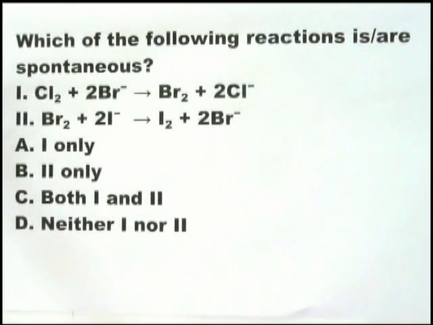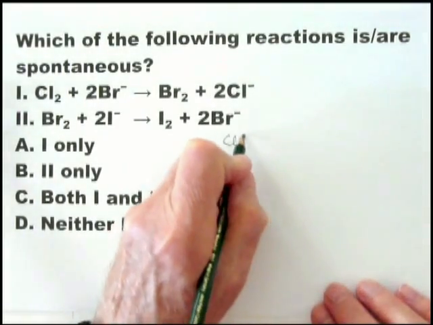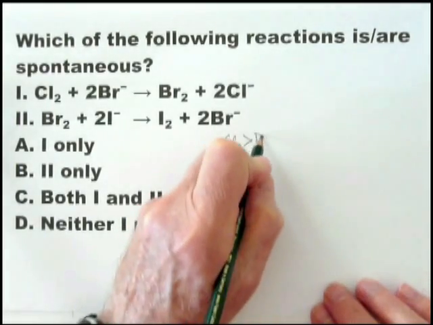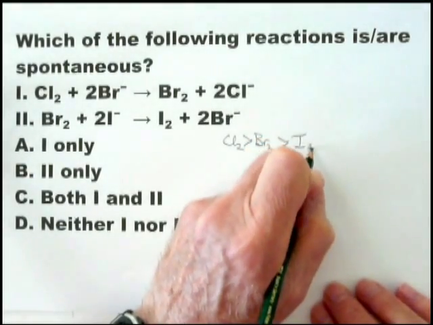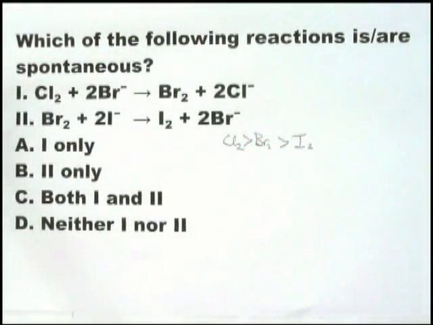The first concept is that chlorine is more reactive than bromine, which is more reactive than iodine. This you learned as part of the characteristics of the halogens in the periodic table.